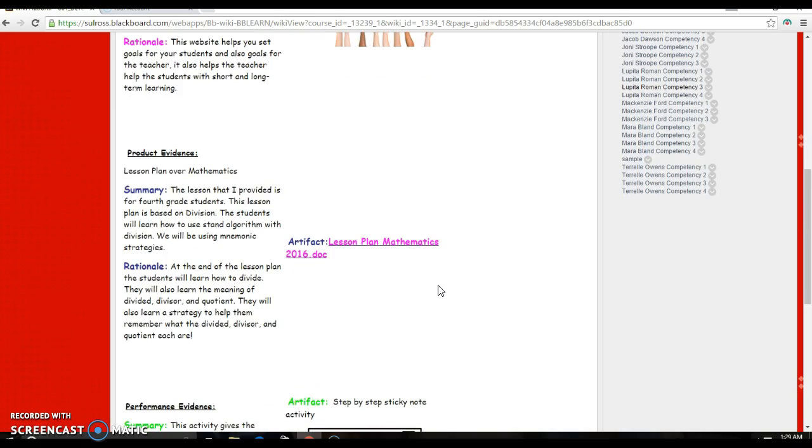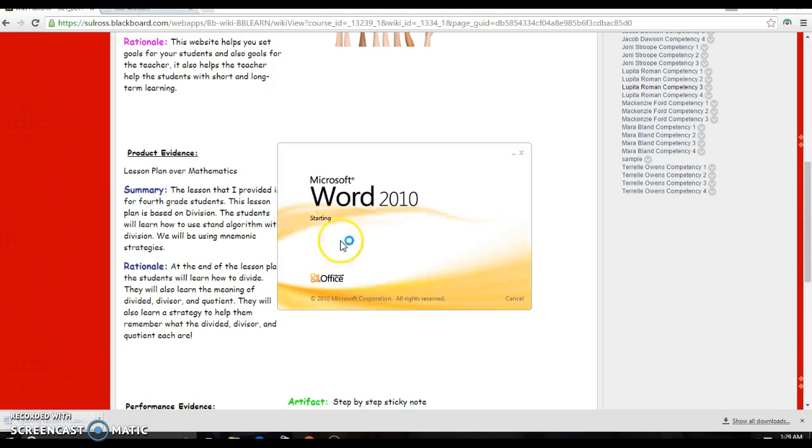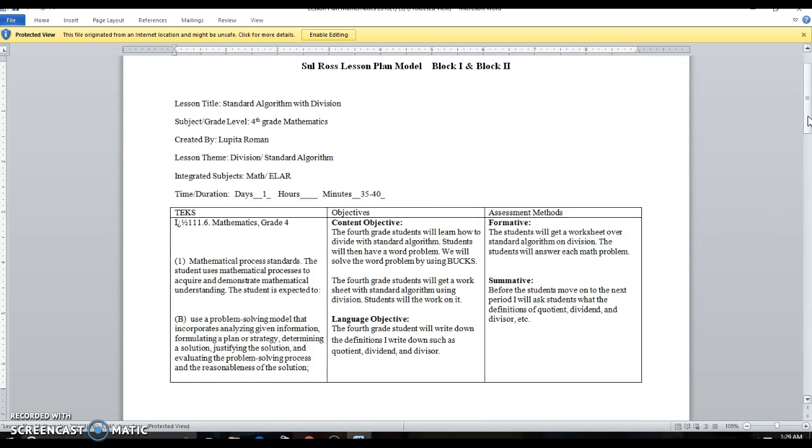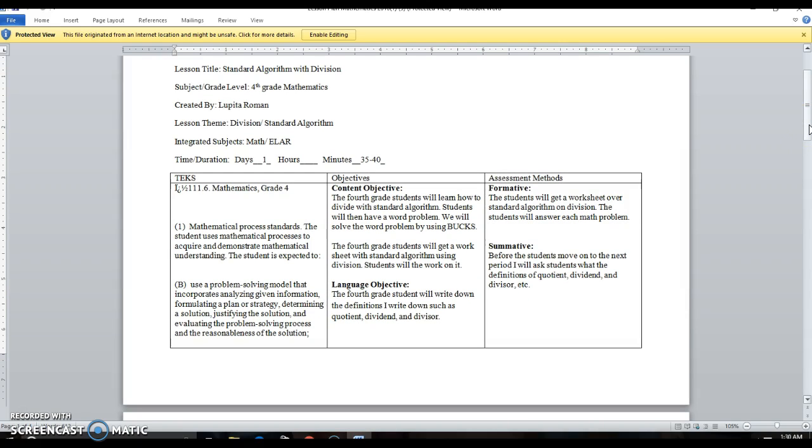Moving on to my product evidence. I will be using the lesson plan over mathematics. For my artifact, it's the lesson plan on mathematics. We are going to be learning division, standard algorithm, and the students will get the opportunity to solve problems, analyzing given information, formulating a plan or strategy, determining the solution, justifying the solution, and evaluating the problem process.